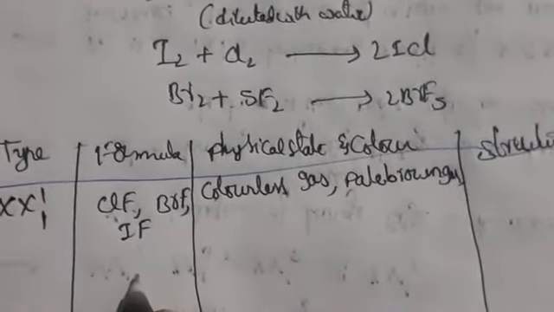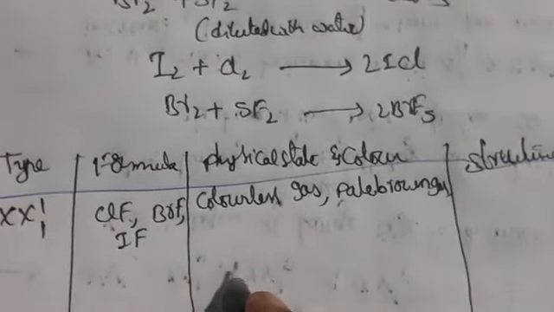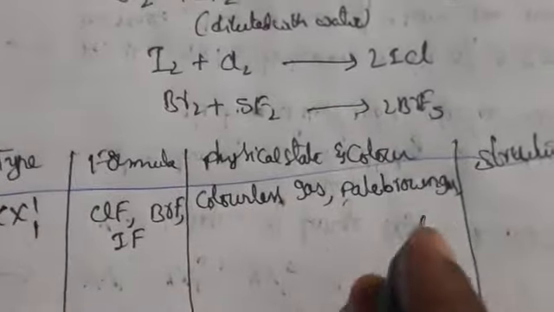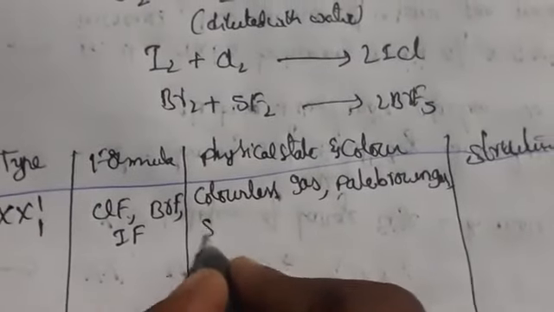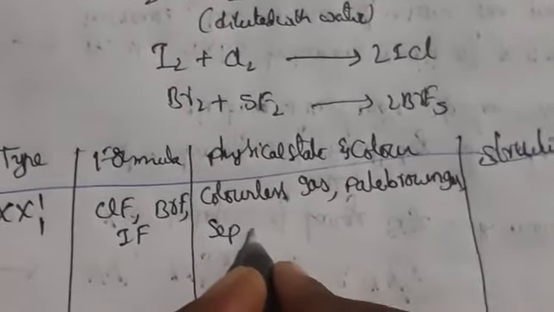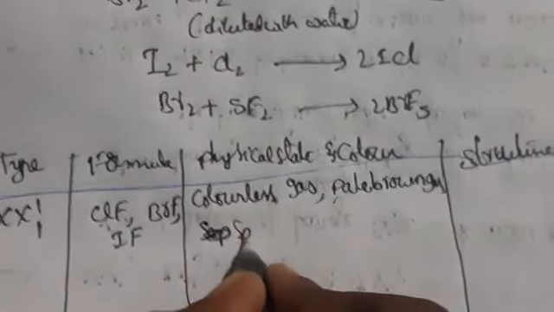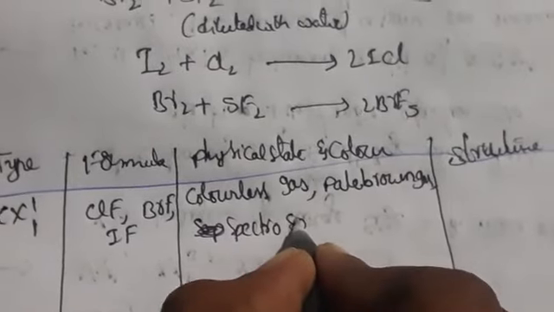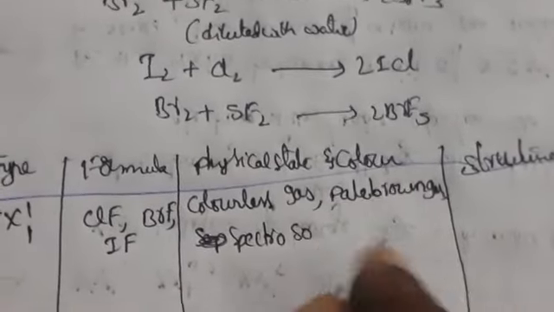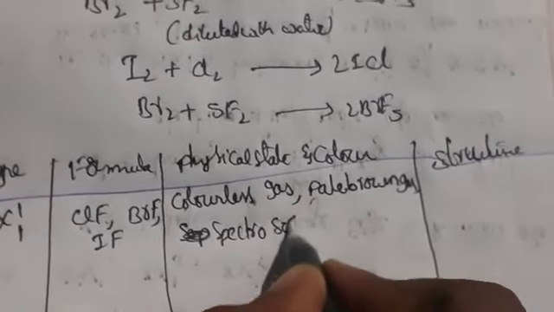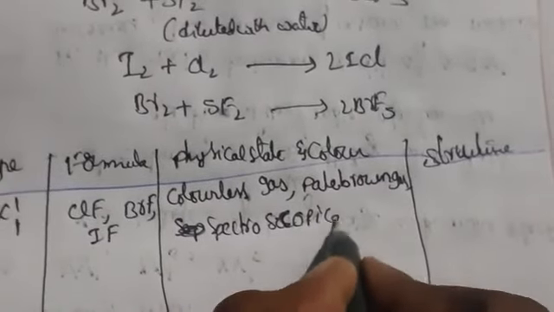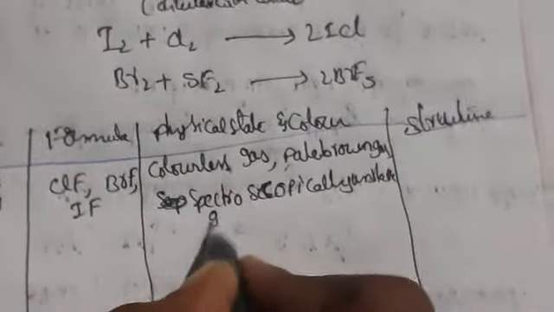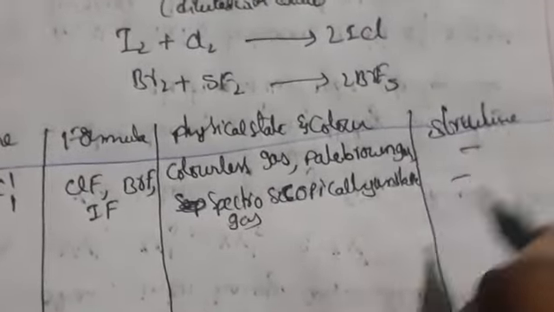Coming to IF, it is spectroscopically unstable. It will not exhibit any color. So simply we can say the property here is a spectroscopically unstable gas, and it is not having any structure.